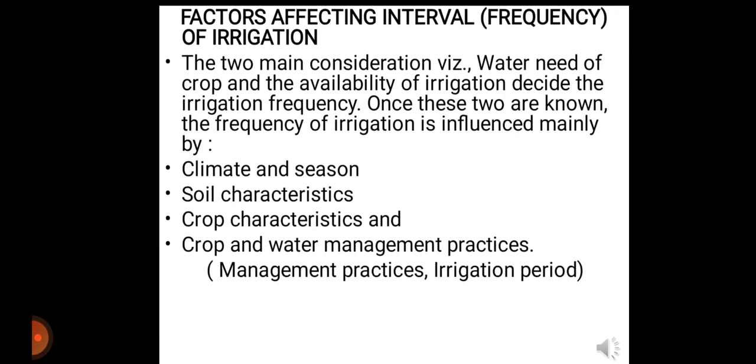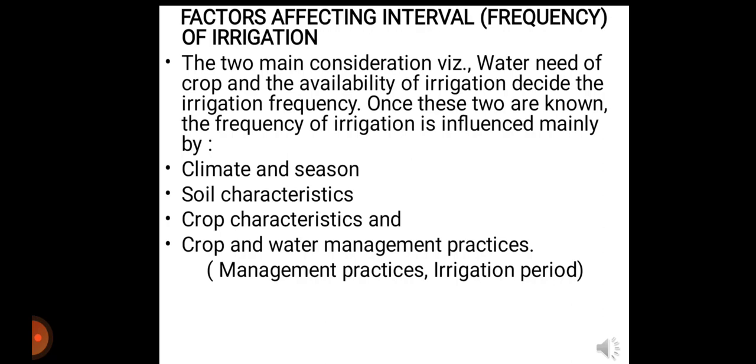Then the last point we discuss here is the factors affecting interval or frequency of irrigation. First, the two main considerations are the water need of a crop and the ability of the soil to supply water, which decide the irrigation frequency.